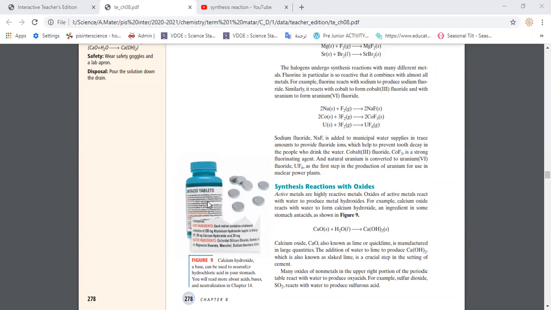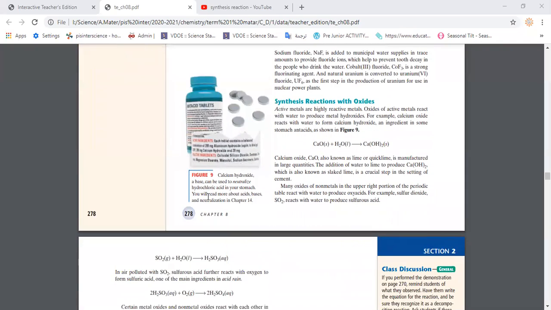So here we can also find that a synthesis reaction could involve a reaction between two compounds, not just two elements. All the examples we explained before involved two elements. These two elements could be a metal and a non-metal, or even two non-metals reacting together to form one compound.